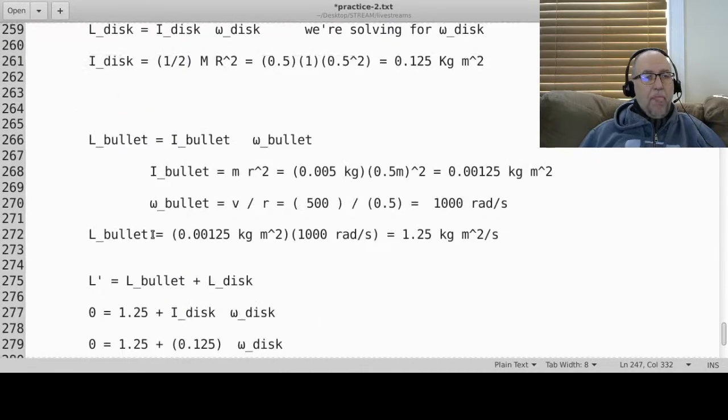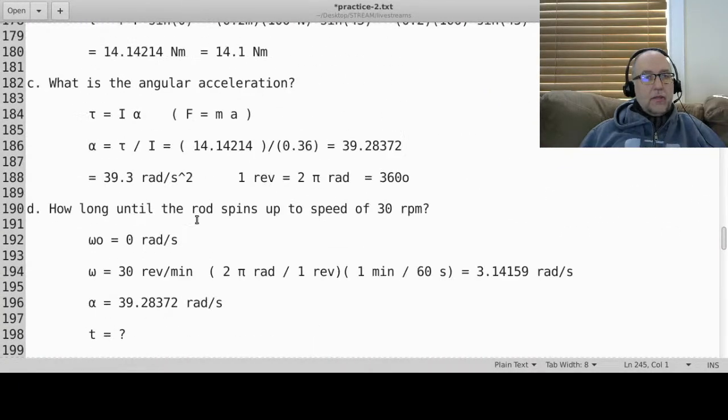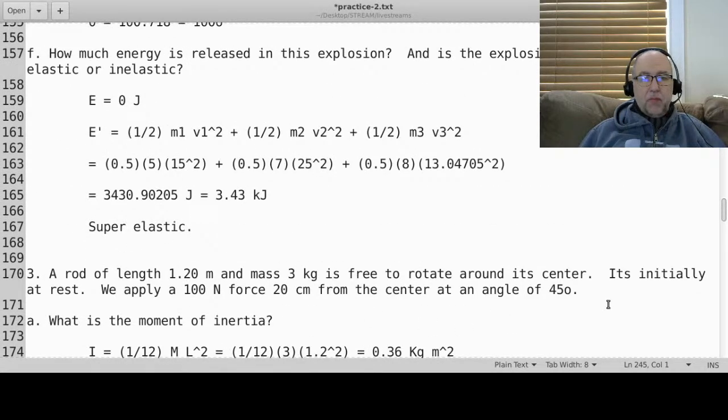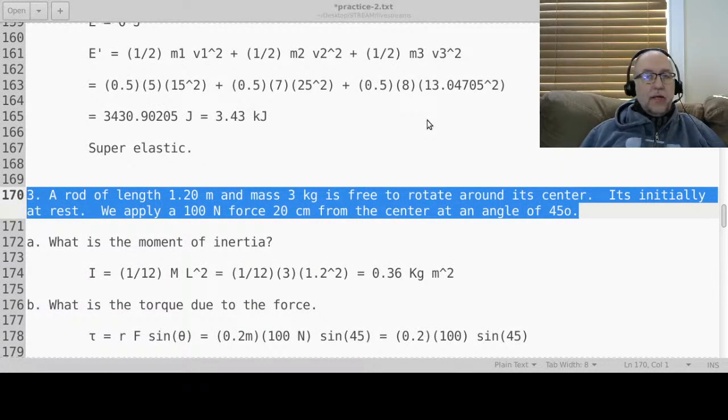This one is number 6, here we go. That's the tau equals I alpha problem. I'm sorry, guys, I'm going off of notes I made yesterday. Anyhow, this is a tau equals I alpha problem, and that's like F equals ma, but for rotational motion rather than linear motion.